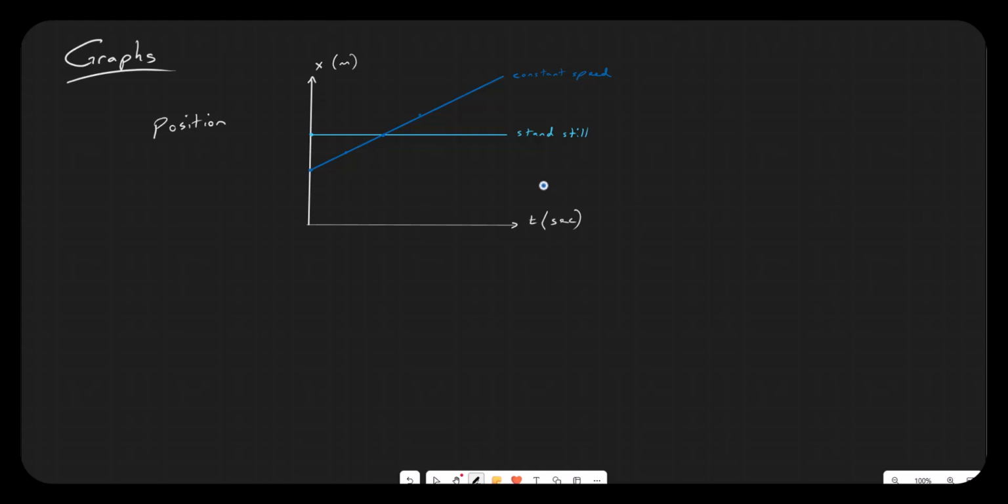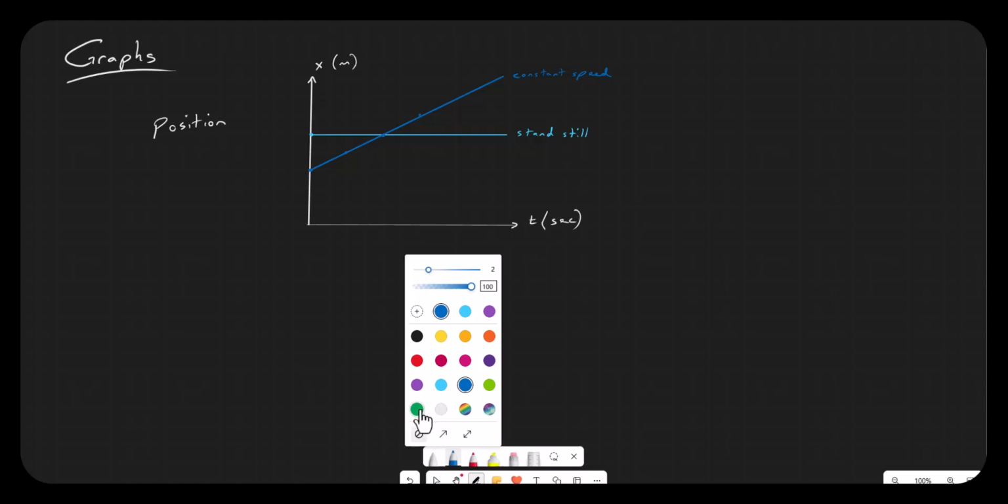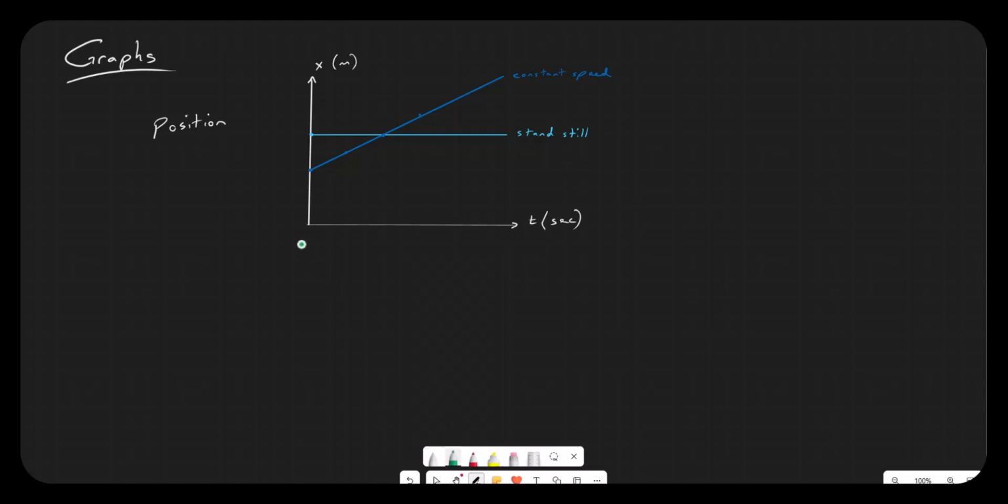I can also look at speeding up. So here is a speeding up case. I'm going to start from some spot, and in my first 2 seconds, I'm going to cover 1 meter. In my next 2 seconds, I'm going to cover 3 more meters. 1, 2, 3. 2 more seconds, I'm going to cover 5 more meters.